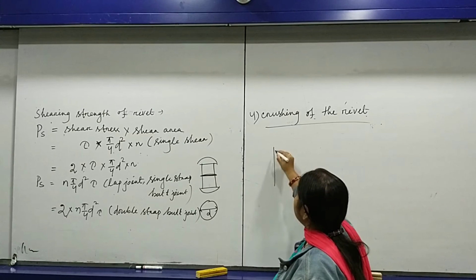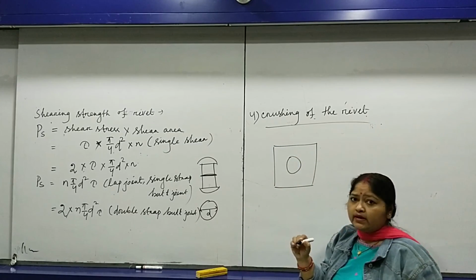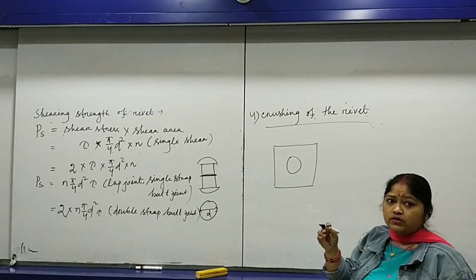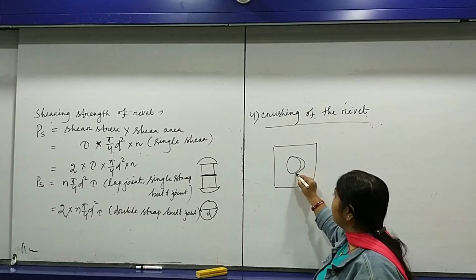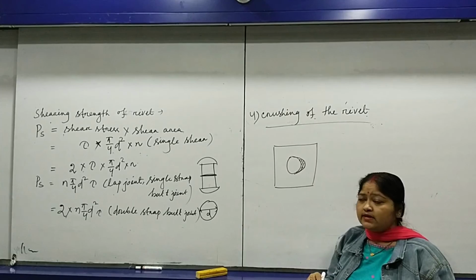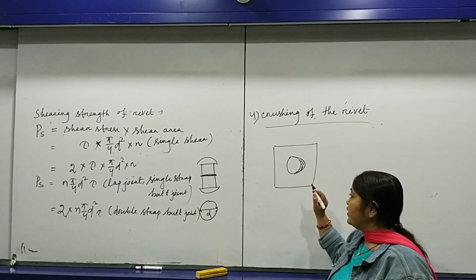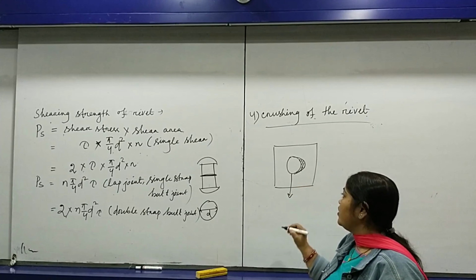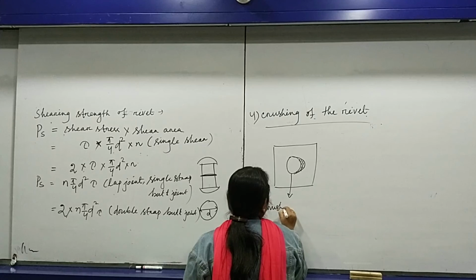Suppose it is my plate. It is a rivet hole, right? So after regular use, what happens? The diameter of the hole increases. And when the diameter of the hole increases, we can say that it is the failure, or your crushing failure.